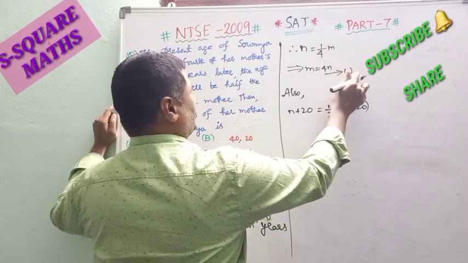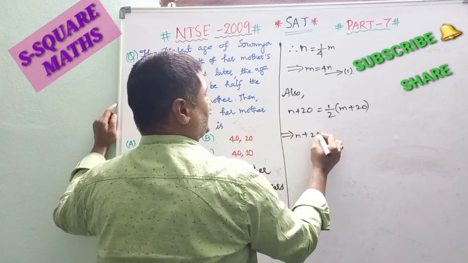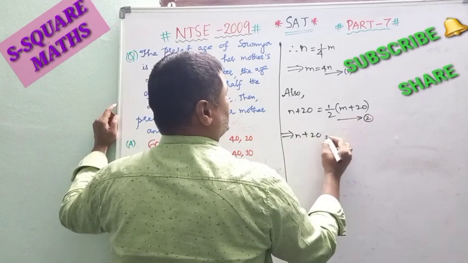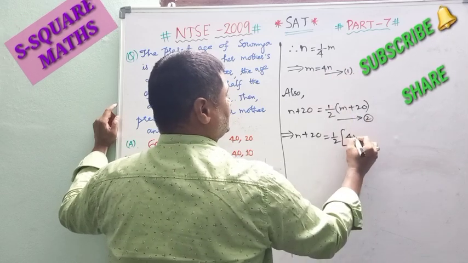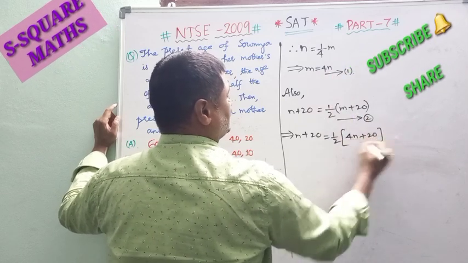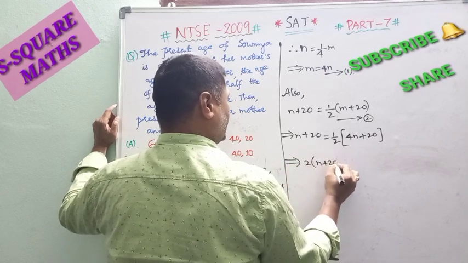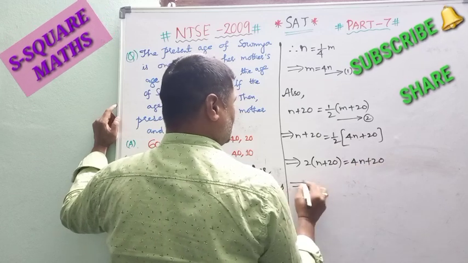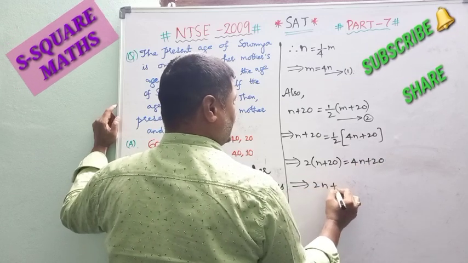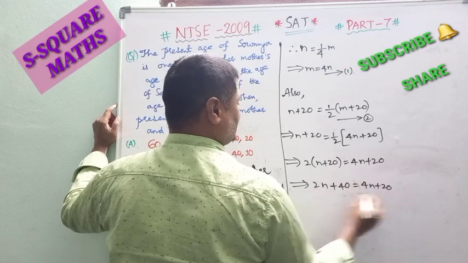So substitute M is equal to 4N in this. This implies N plus 20, mark as equation 2, is equal to half of M, which I can replace with 4N plus 20. So 2 of N plus 20 is equal to 4N plus 20, nothing but 2N plus 2 into 20, which is 40, equal to 4N plus 20.